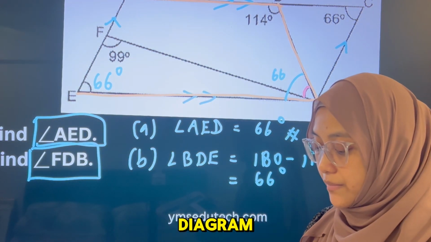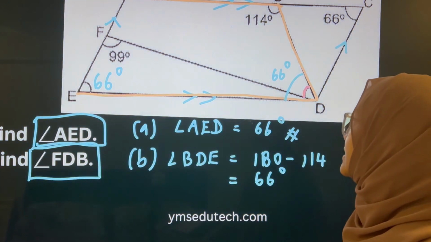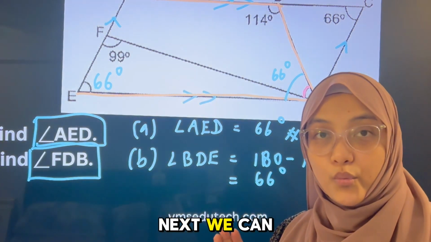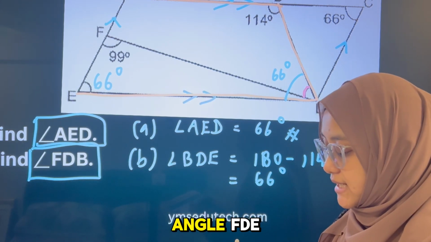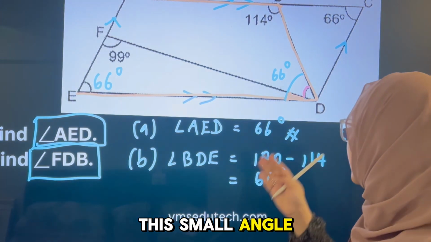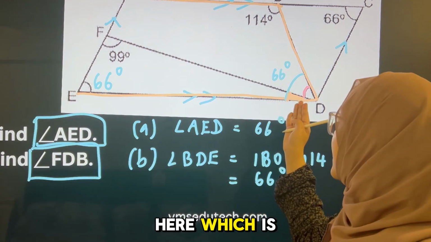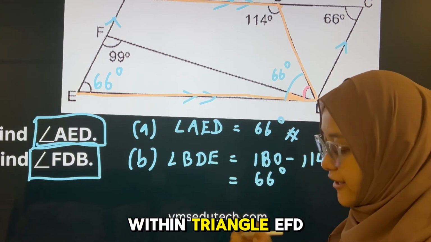Annotate on your diagram, this is 66 degrees. Next, we can find what is angle FDE, this small angle here, which is within triangle EFD.